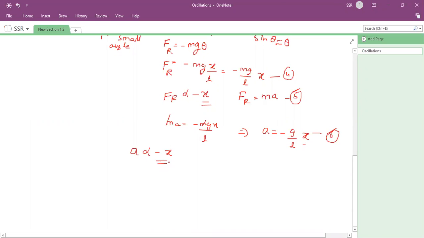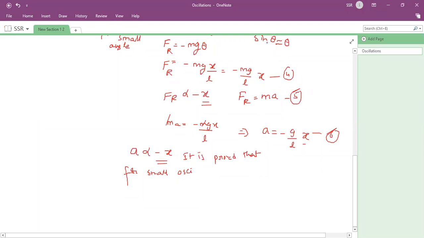The bob is oscillating with small oscillations, and its acceleration is directly proportional to negative displacement. From this, what can you conclude? Are the oscillations of a simple pendulum SHM or not? If acceleration is directly proportional to negative displacement, yes. So it is proved that for small oscillations, acceleration is directly proportional to negative displacement. Why small oscillations?